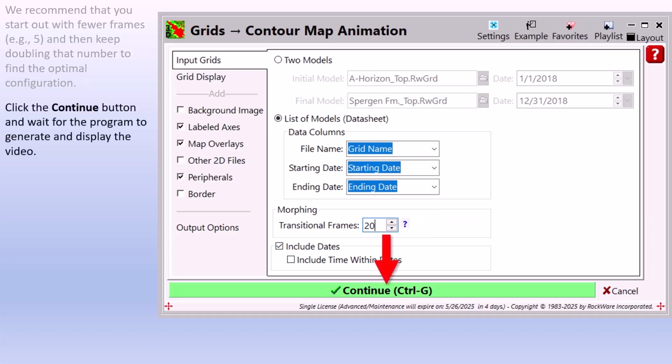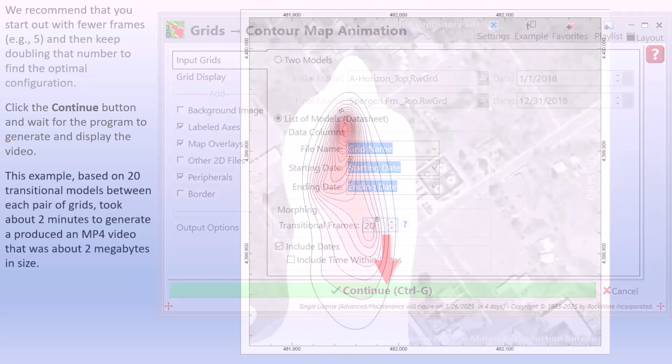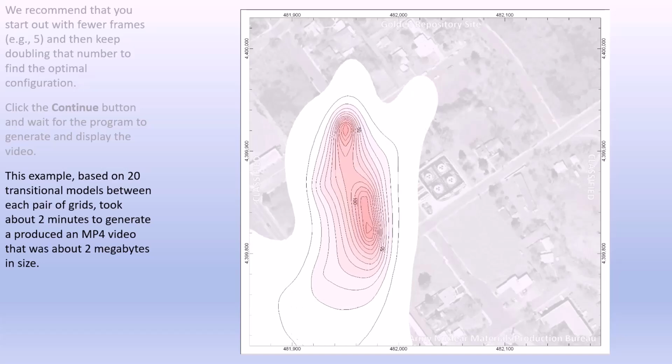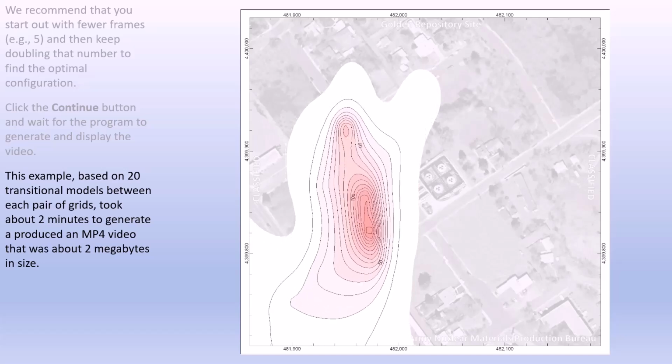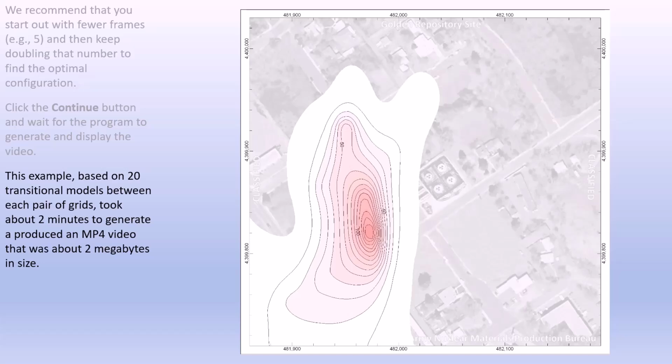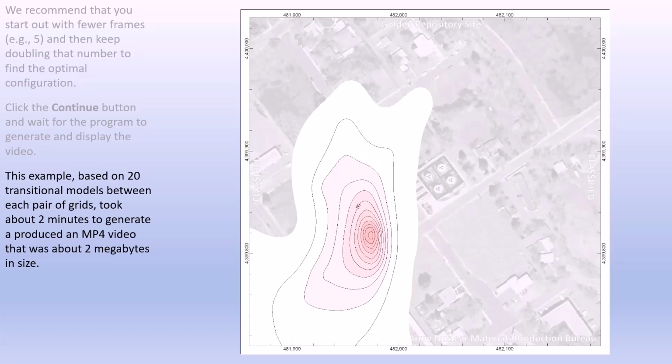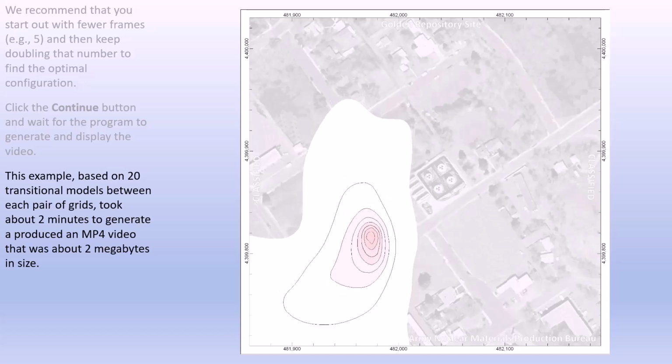Click the Continue button and wait for the program to generate and display the video. This example, based on 20 transitional models between each pair of grids, took about 2 minutes to generate and produced an MP4 video that was about 400 kilobytes in size.